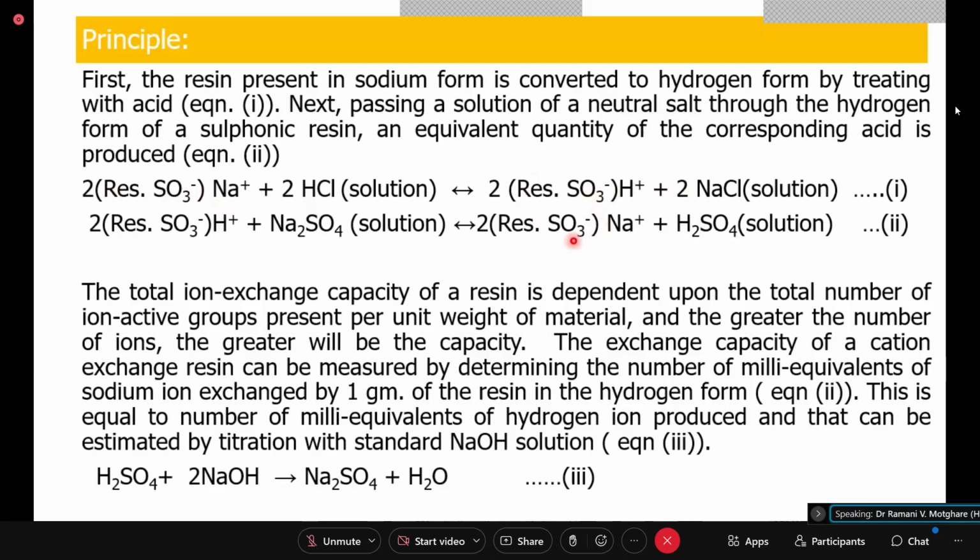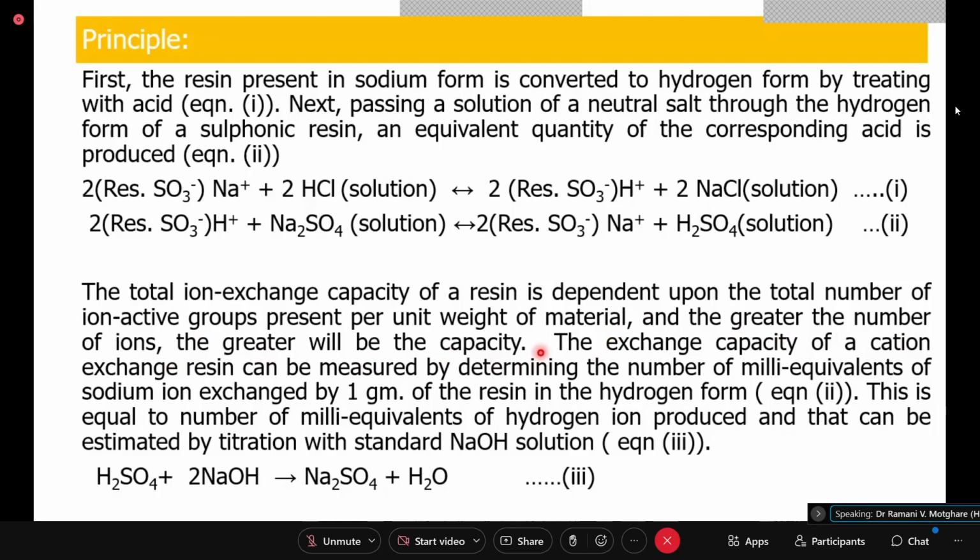Now in the column, when you pass sodium sulfate, H plus is exchanged for Na plus, and Na plus is retained and H2SO4 is released. The total ion exchange capacity of a resin is dependent upon the total number of ion active groups present per weight of material, and the greater the number of ions, the greater the capacity.